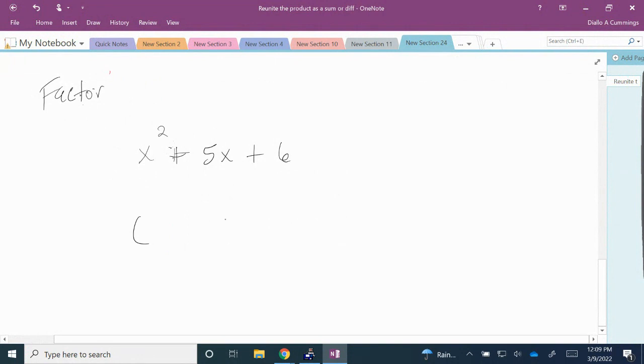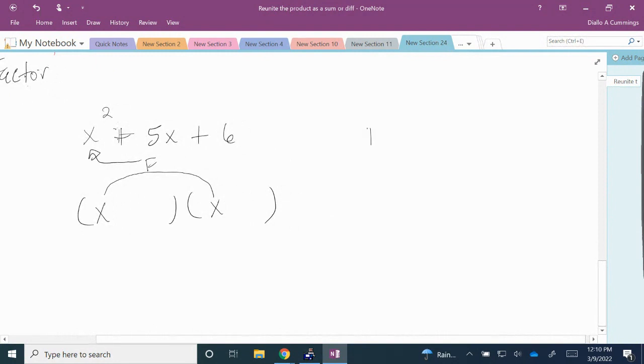So we're going to make two sets of parentheses. Just keep in mind whatever you put as your first terms, you must be able to multiply and get the first term in your trinomial. Remember that factoring and the FOIL method are like reverse processes, right? So if I were to go back and FOIL this together, x times x is x squared.